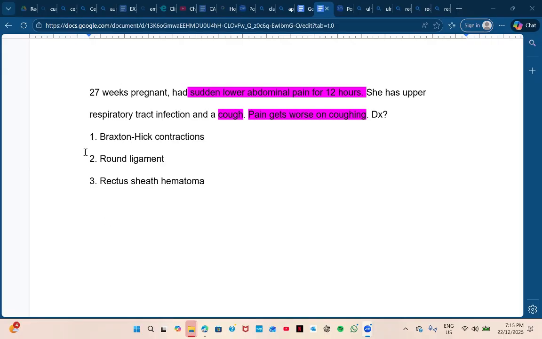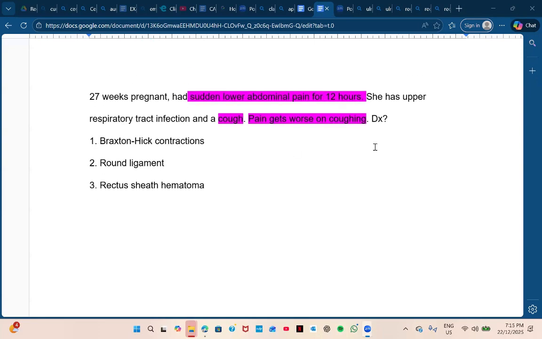Even I am thinking that we have two options, and the question is not complete, right? That's the thing. The only option we have here is rectus sheath hematoma, but we don't know the other two options as well, right? That's what we have to think. That's what I'm telling, how to know the topic clearly.